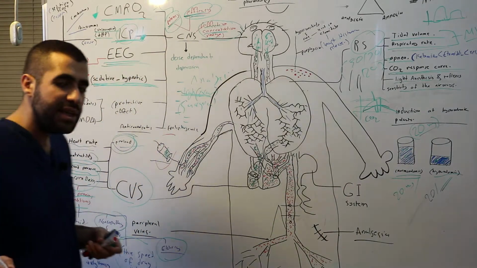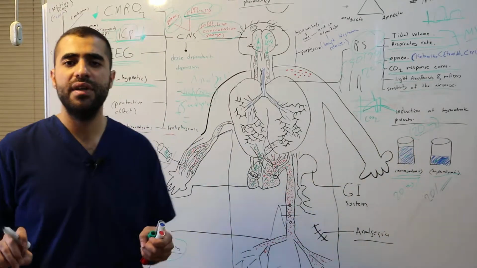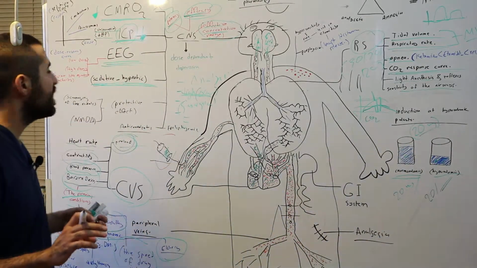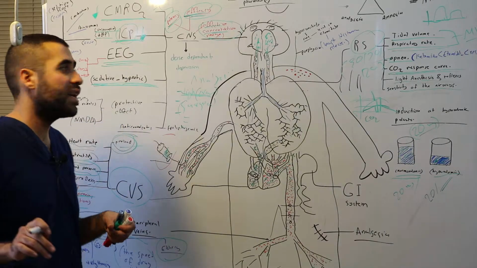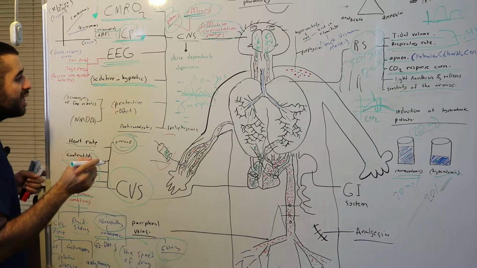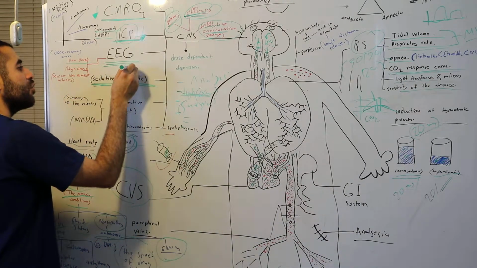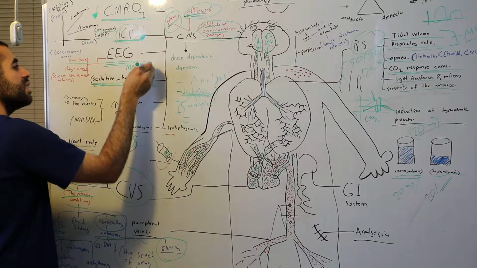Okay, so the cerebral metabolic rate of oxygen, the intracranial pressure, and now the EEG. The EEG, electroencephalography, will be affected in different ways by each IV anesthetic, but in general, at low doses of IV anesthetic you will have an increase in the frequency of the EEG.